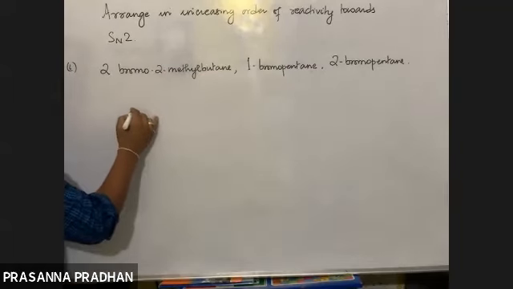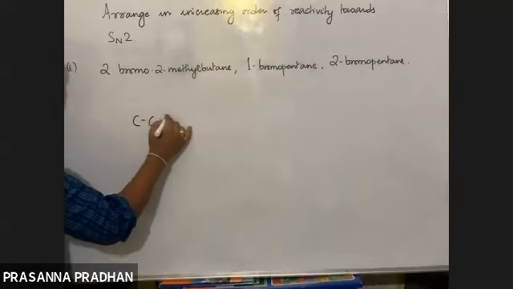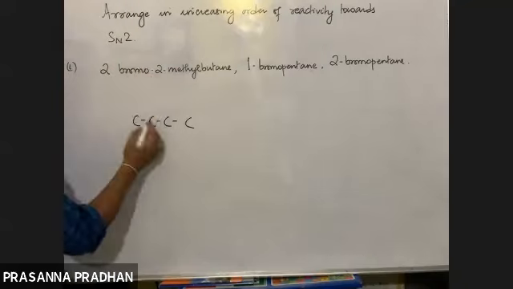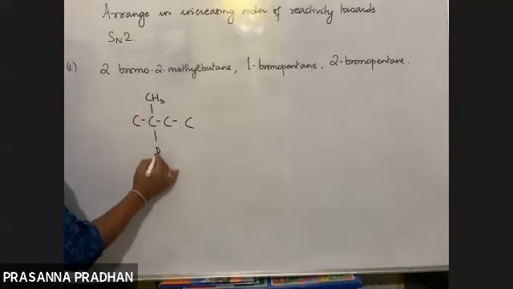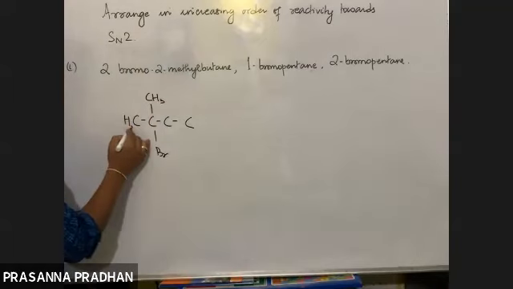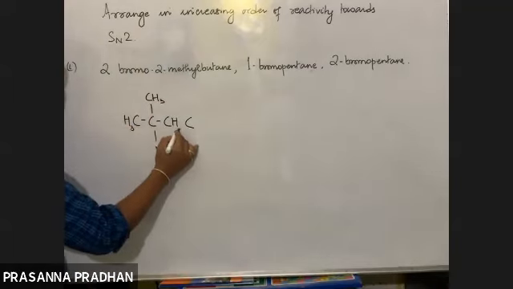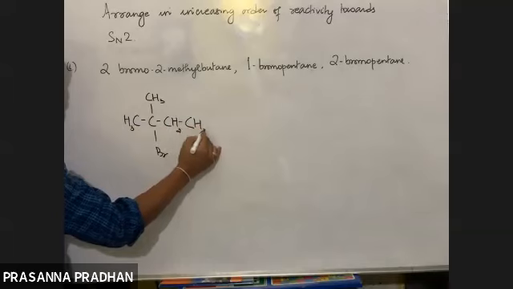What is the word root? But. There should be 4 carbon atoms. 2-bromo, 2-methyl means at carbon 2 we have a methyl as well as bromine. So next we put down hydrogens out here. Fine.